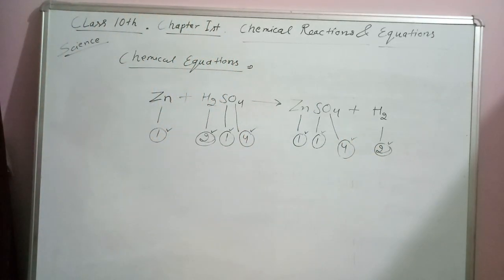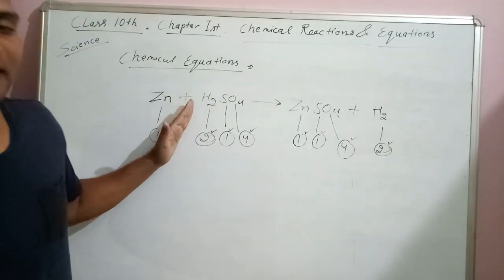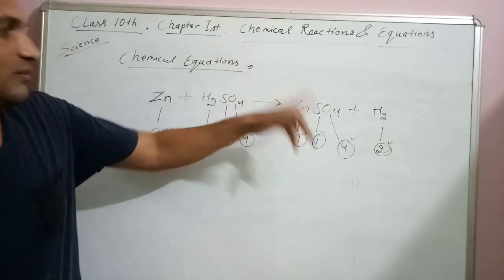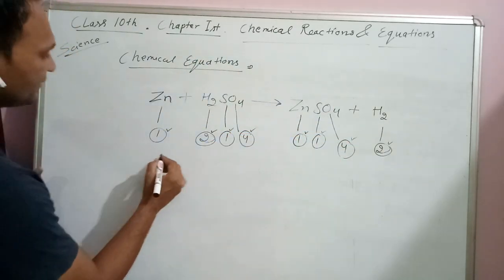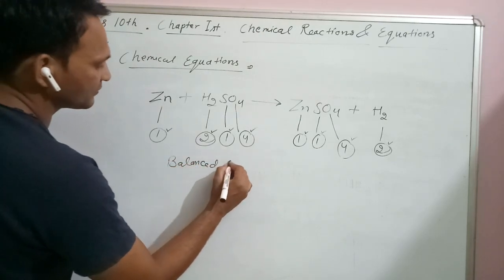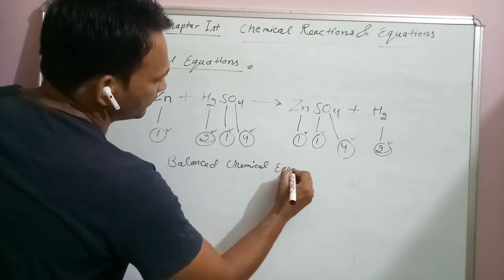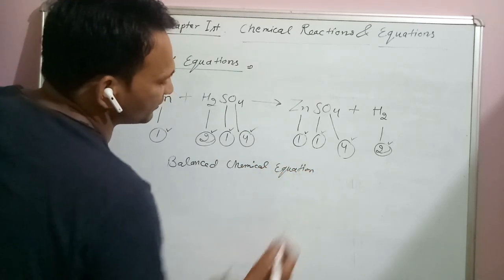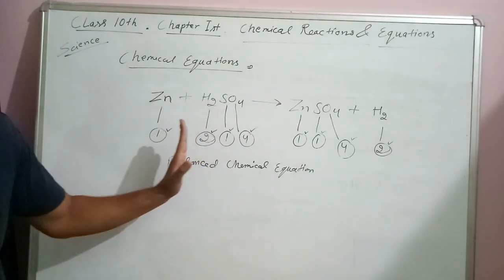So all the numbers of atoms for the different elements in the reactant are the same as in the products. It means this reaction is a balanced chemical equation.